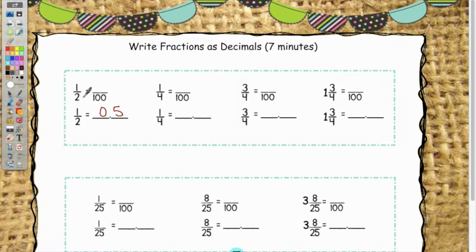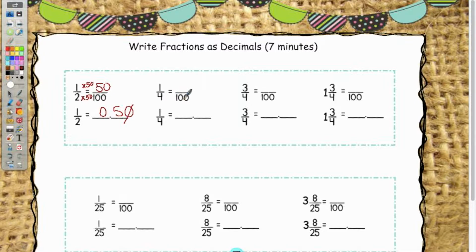I'm going to take 2 times something, which equals 100. What's that? 50. Then I'll take 1, write this down. This is your strategy. Then I'll take 1 times 50, which is 50. And then I'll write 50 hundredths as a decimal. And then I'll erase the 0. So what is it? 5/10, okay? So we'll use that same strategy.